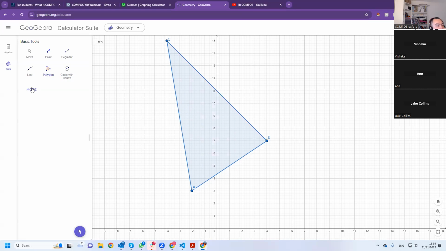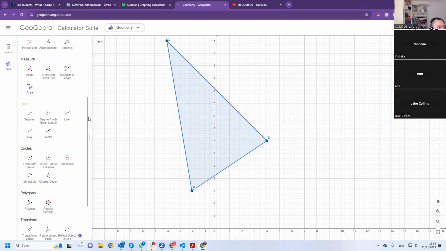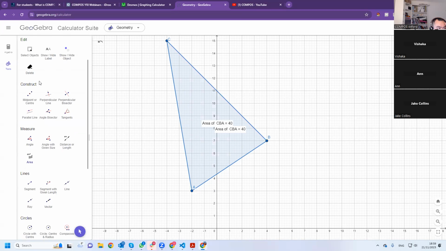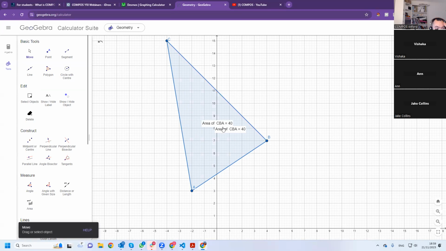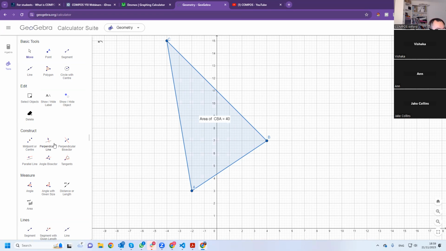Let's check the area. So area 40. Nice. Now, perpendicular line. Select a perpendicular line and point.